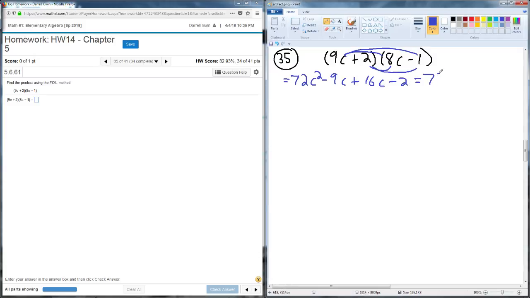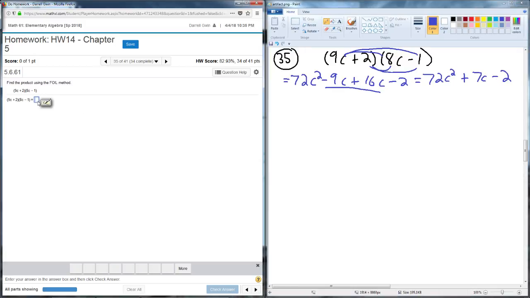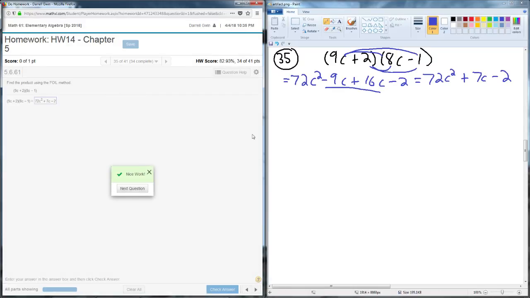Combine like terms, we get 72c squared. Negative 9 plus 16 is a positive 7c. That's a tough one. Yep. Positive 7c. Minus 2. Right. 72c squared plus 7c minus 2. Enter. Nice work. Next question.